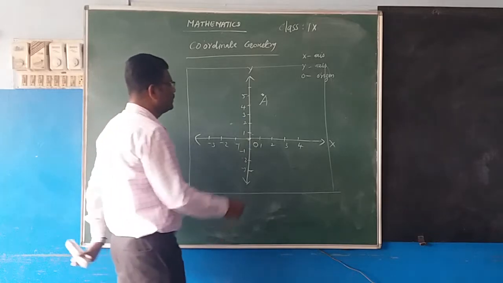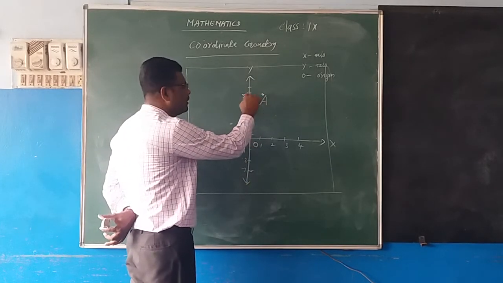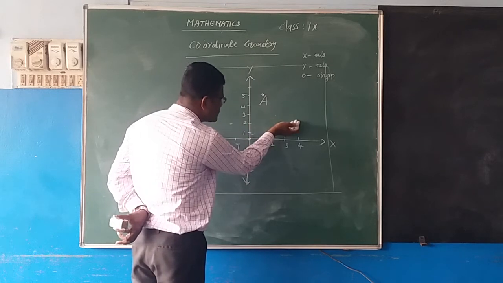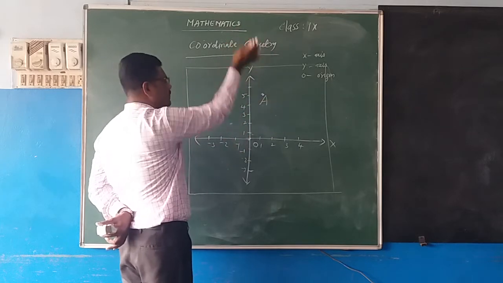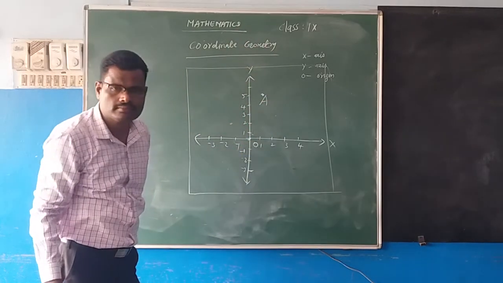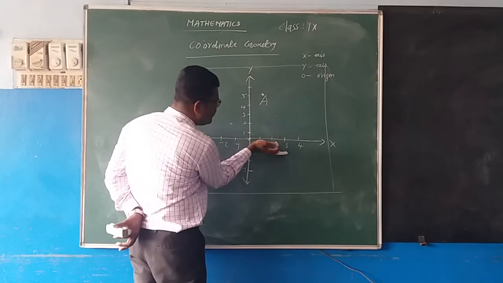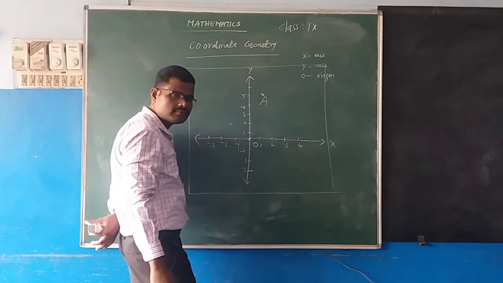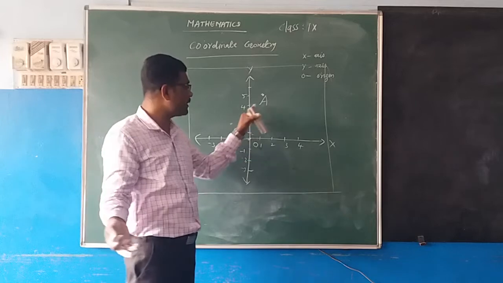Clear? Then we can easily say this point is 1 centimeter away from the y-axis and 5 centimeter up of the x-axis. Isn't it? If there is no axis, it is difficult to locate the point.